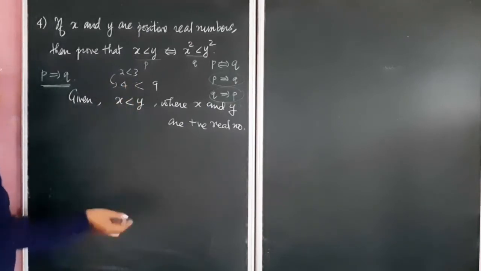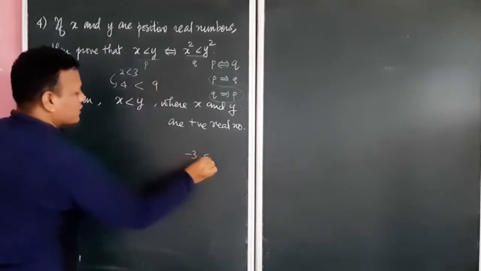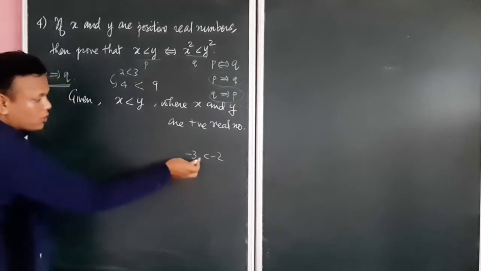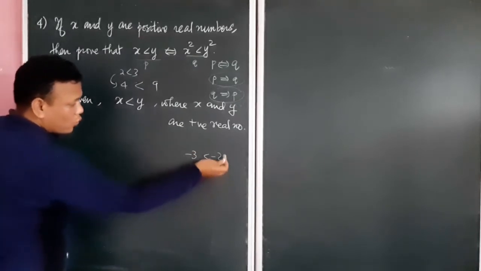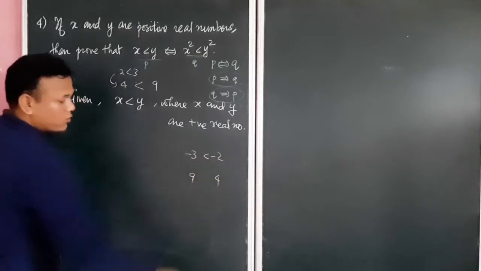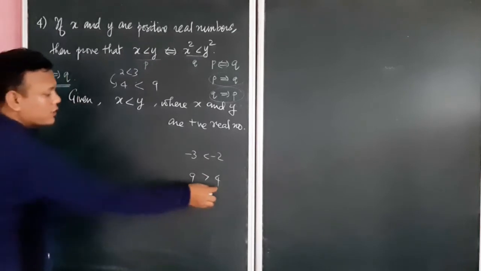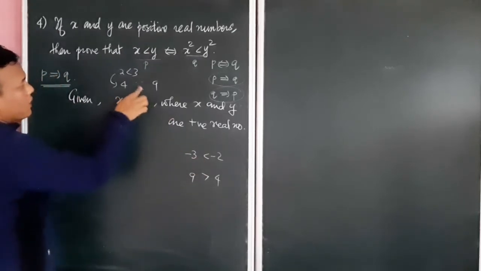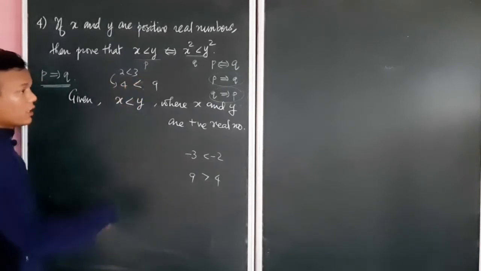Now sometimes, for example, we know that -3 is less than -2. If I square here, the square of -3 is 9, and the square of -2 is 4. But this time the sign becomes greater than, because 9 is greater than 4, isn't it? So that's why I didn't put the sign in the beginning itself. You have to put the sign later on, after squaring.